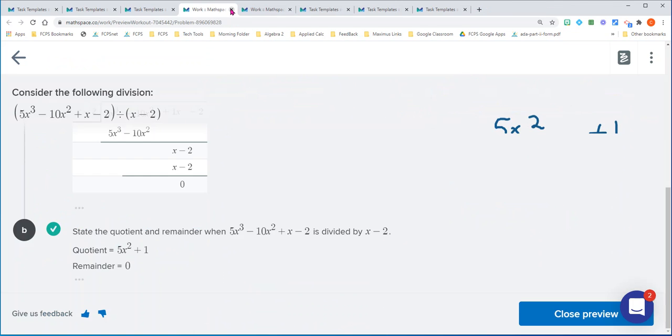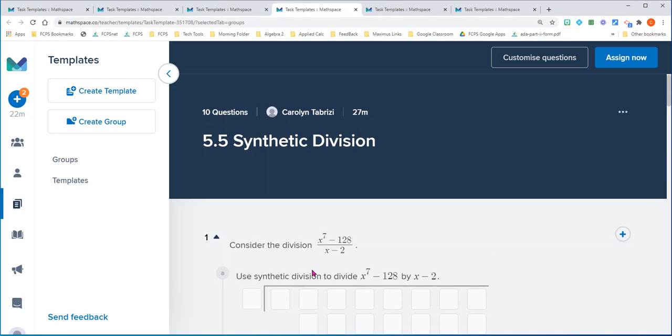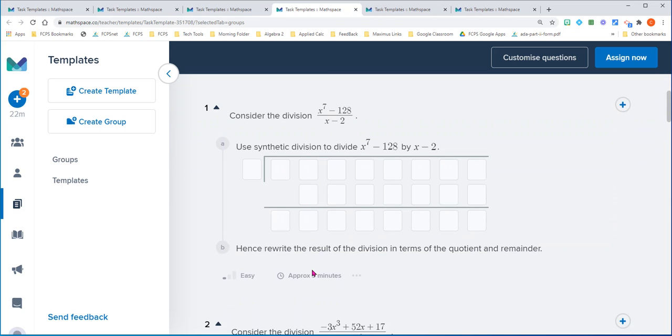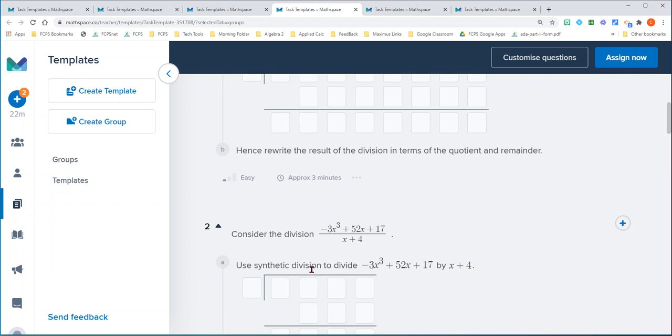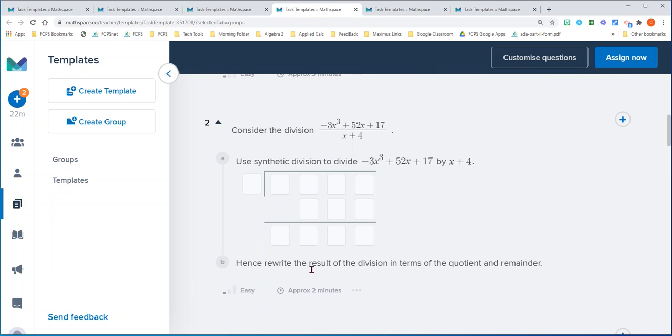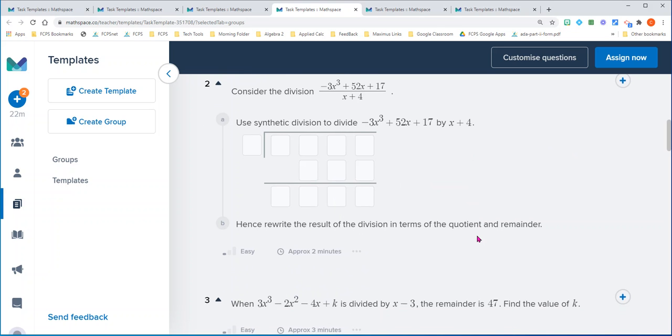Close that, close that, close that, close that. Okay, let's look at our 5.5. So this is synthetic division. This one is important to make sure you put in the missing zeros. So let's go ahead and do this question here.